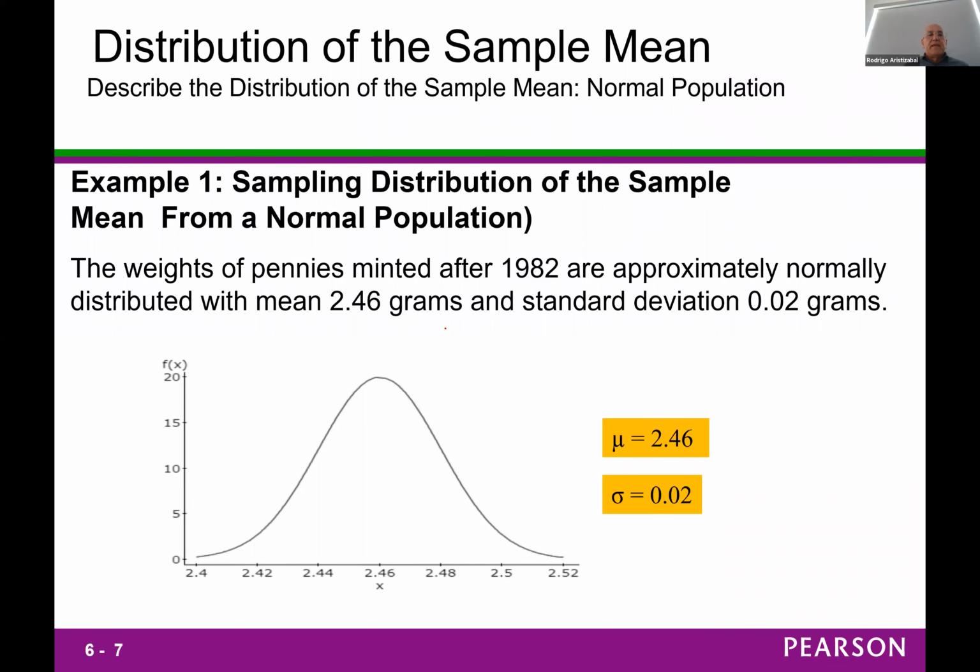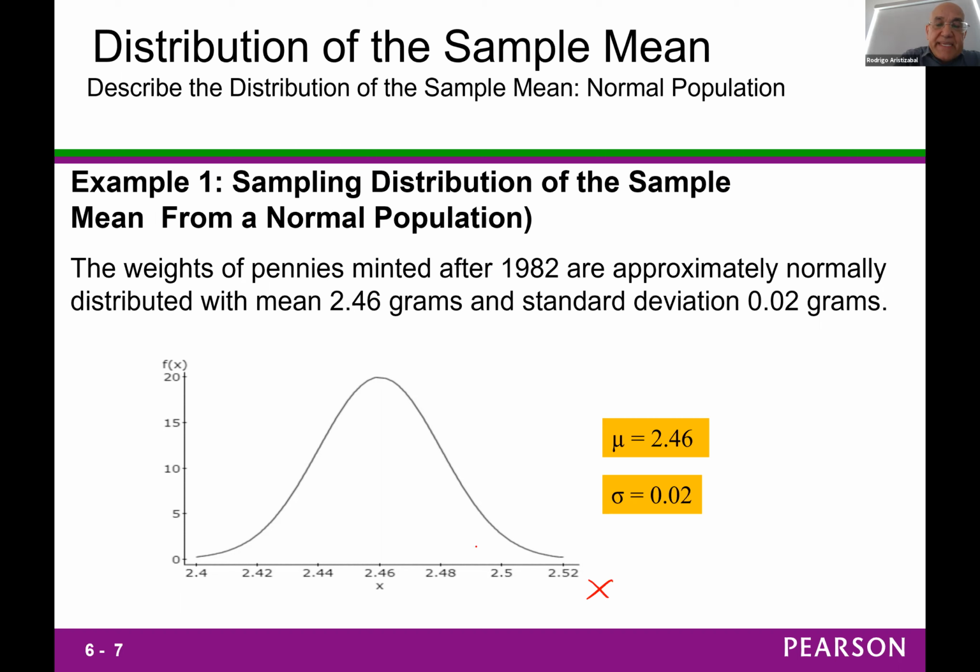For example, the weights of pennies minted after 1982 are approximately normally distributed, with mean 2.46 grams and standard deviation 0.02 grams. That is the distribution for individual values. The weight of each penny is represented by X. Then we can organize all pennies in the United States in piles according to their weight.